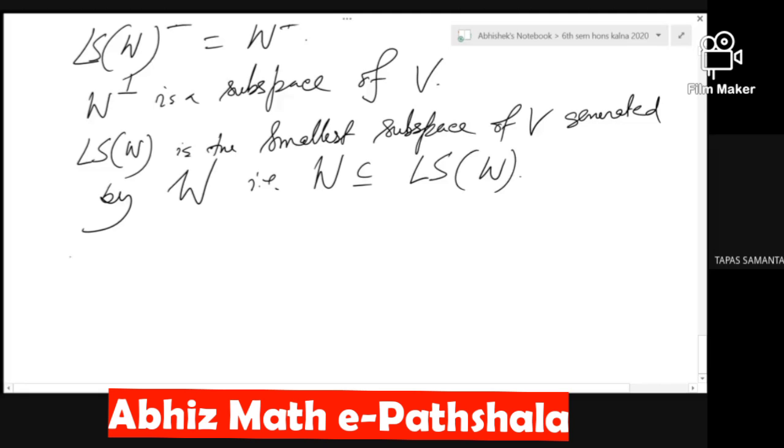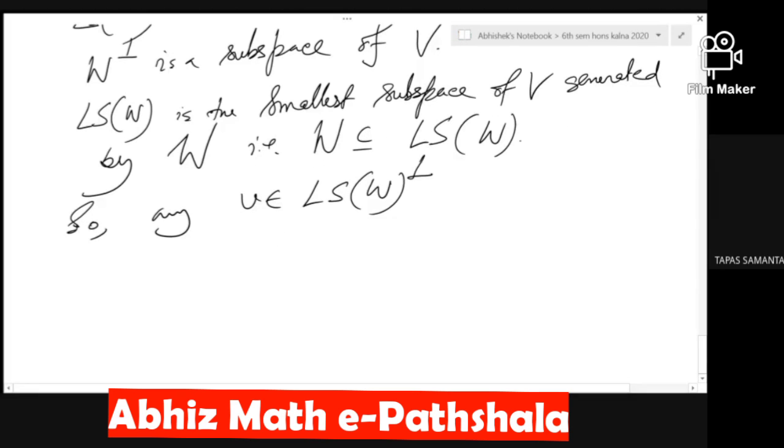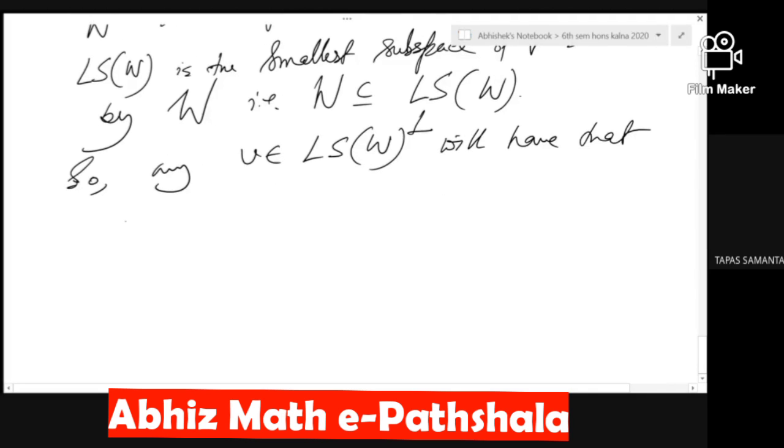So now any vector v belonging to LSW perp will have that the inner product v comma small w equals 0 for all w belonging to LSW.